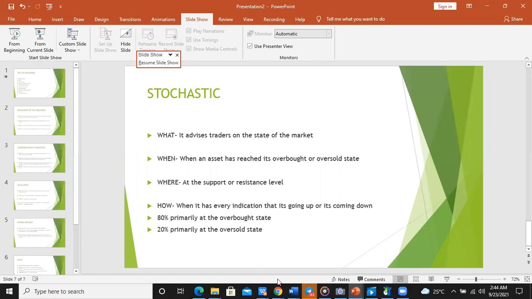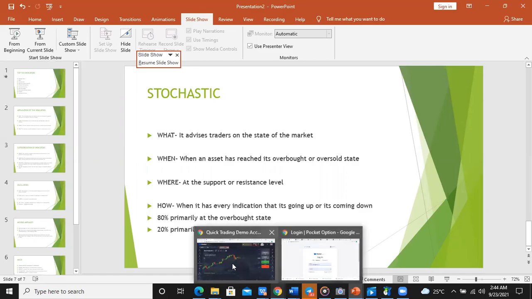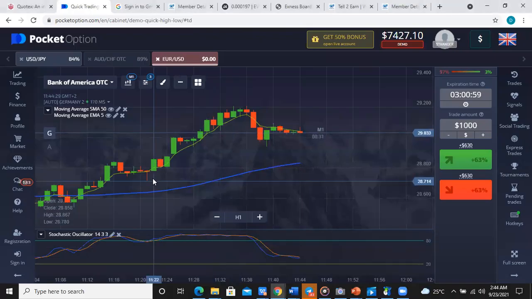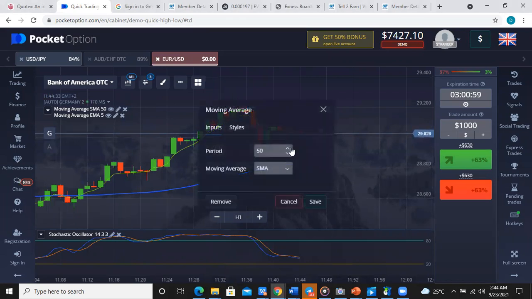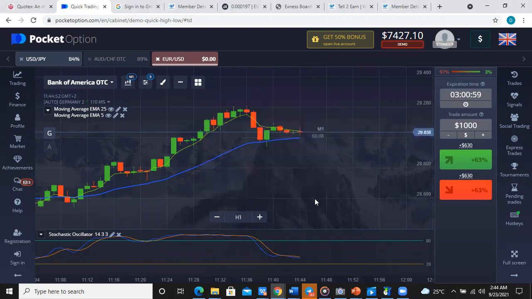So now let me just give you something here. Let me do some settings here. So I am going to have a 25 period for an exponential moving average, and then 5.